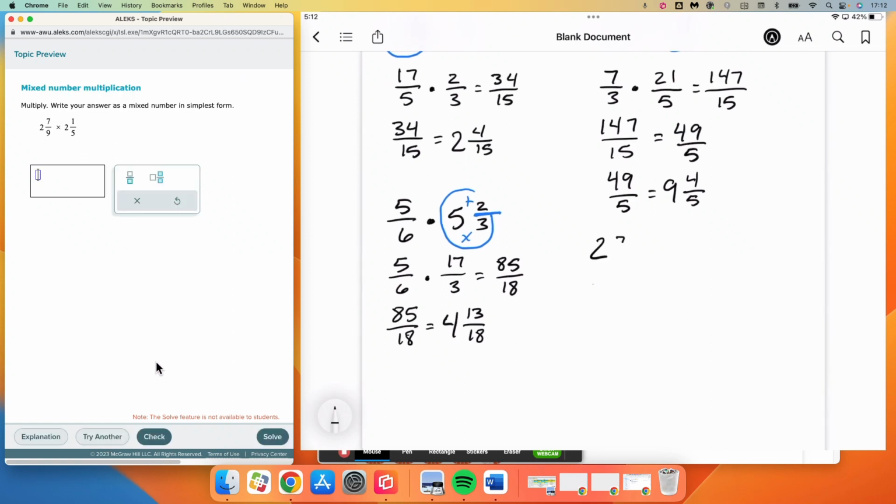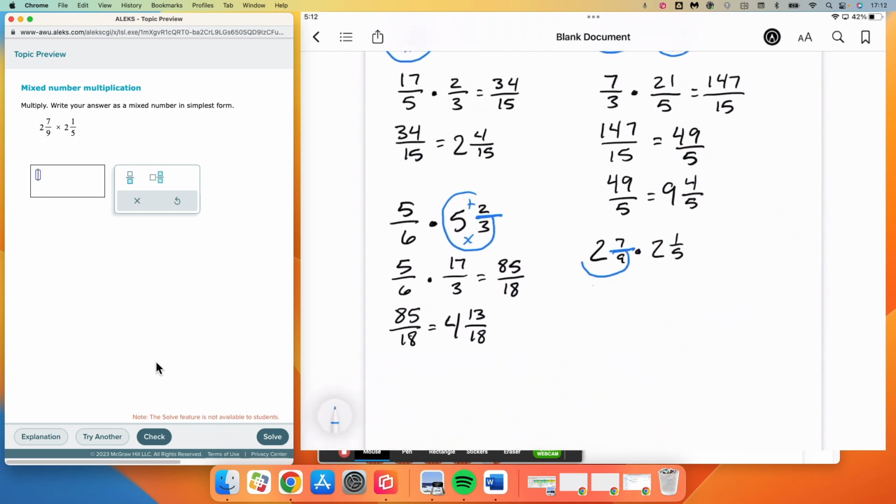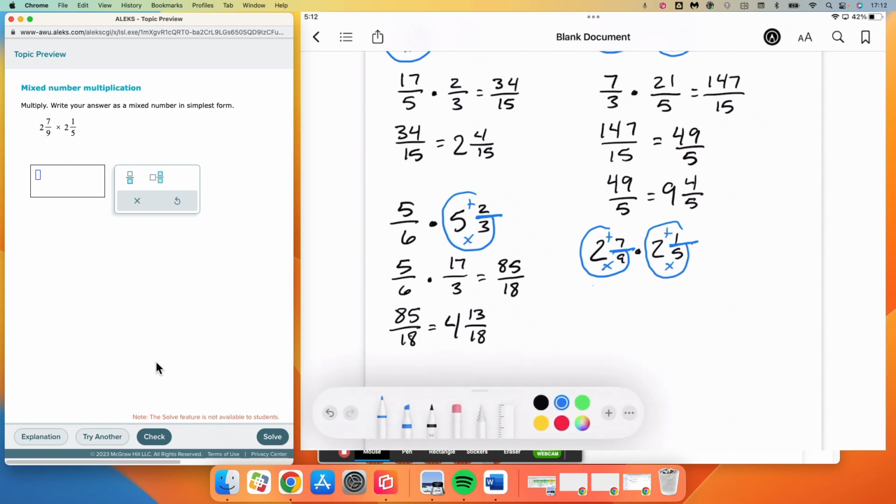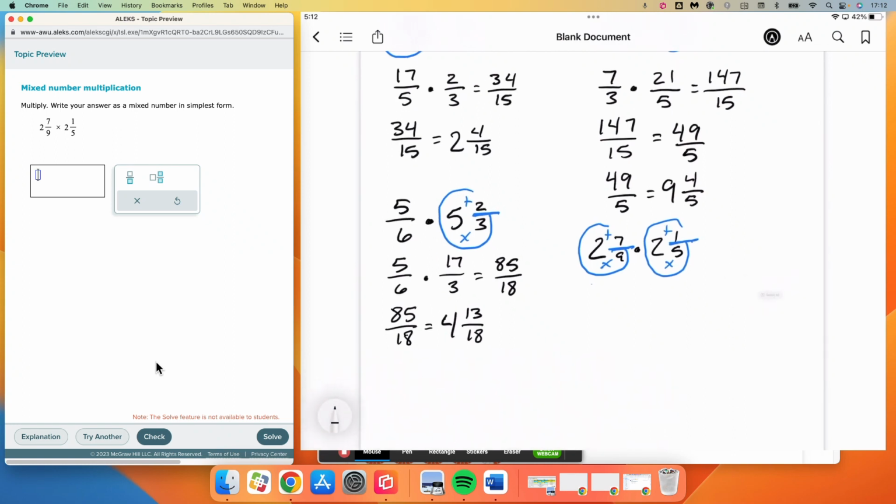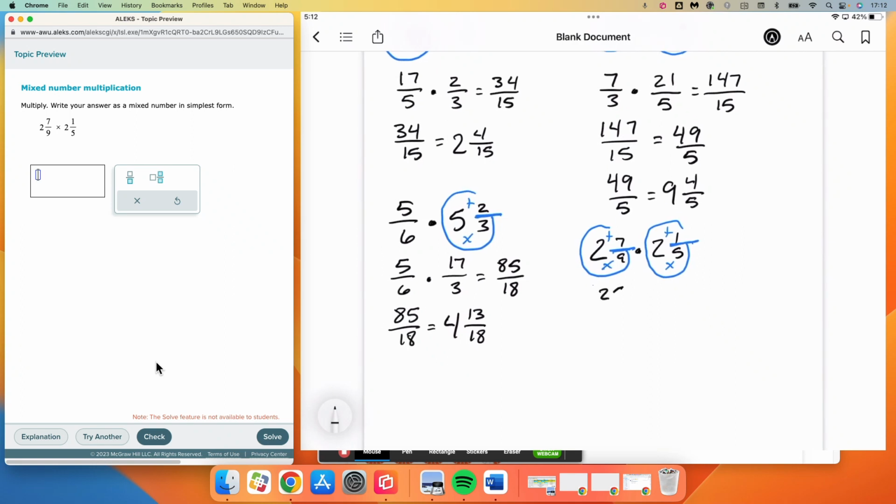2 and 7 over 9 times 2 and 1/5. We've got to G method both of these. And we have 9 times 2 is 18 plus 7 is 25 over 9. 5 times 2 is 10 plus 1 is 11 over 5.